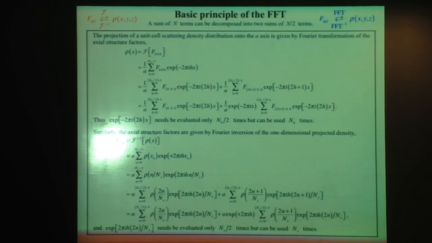But in any event, the fast Fourier transform in the crystallographic application can be further simplified from just the basic principle of the FFT by applying symmetry to the calculations of these sums, given a crystal with a certain symmetry. And so it can be simplified.